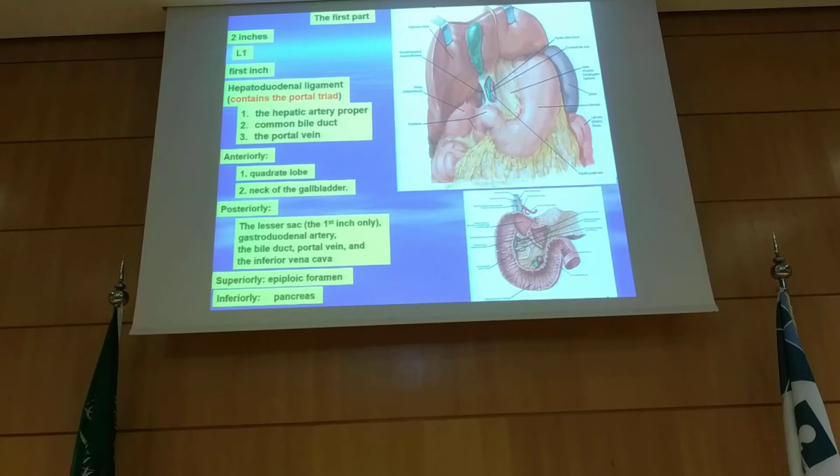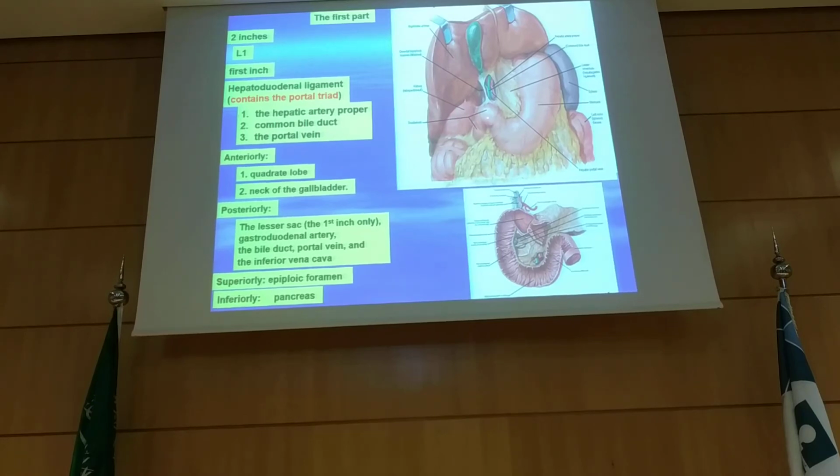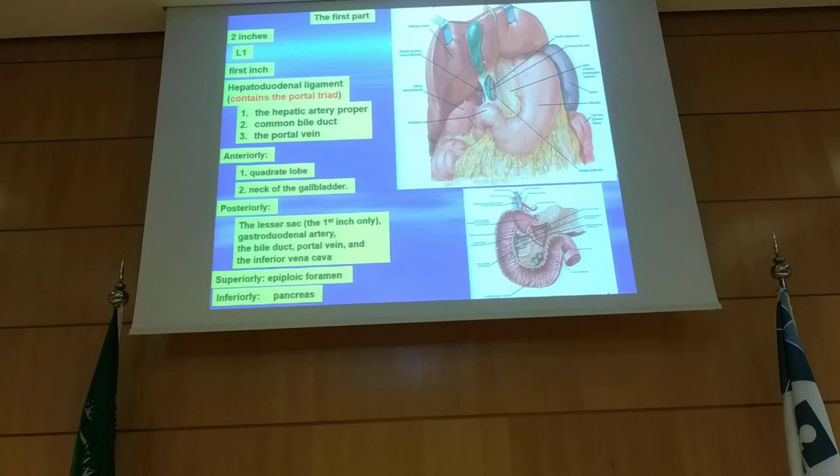Now, in terms of relationship to the first part of the duodenum, for you to be able to see this, you have to lift the liver. If I let the liver go down, the quadrate lobe of the liver and the neck of the gallbladder will be in touch with the first part of the duodenum. So anterior to the first part of the duodenum is the quadrate lobe and the neck of the gallbladder.